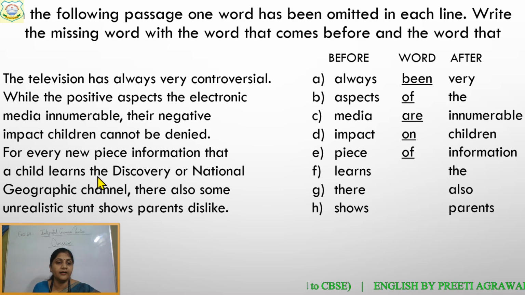So a child learns, the answer will be "on". Child learns on the Discovery or National Geographic Channel. Are you getting? So again here our preposition is missing. So in this way you will practice and will take out your answer.